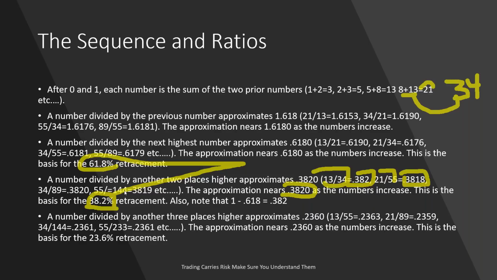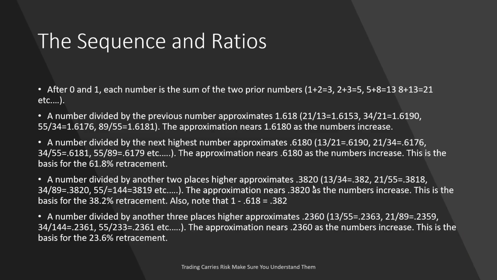So if we wanted to continue farther and farther on with the Fibonacci sequence, the Fibonacci ratio, we could then move it 3 digits apart. So in other words, we would take this, which gives us 34, and then 21 and 34 give us 55.